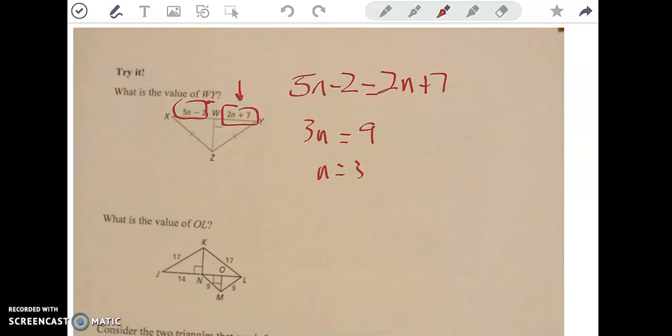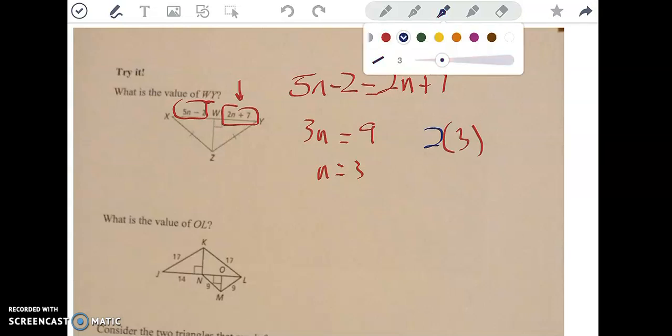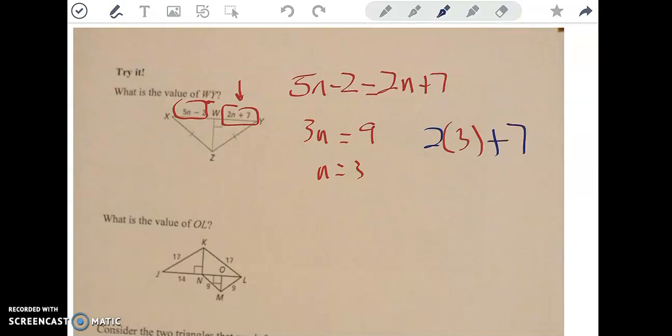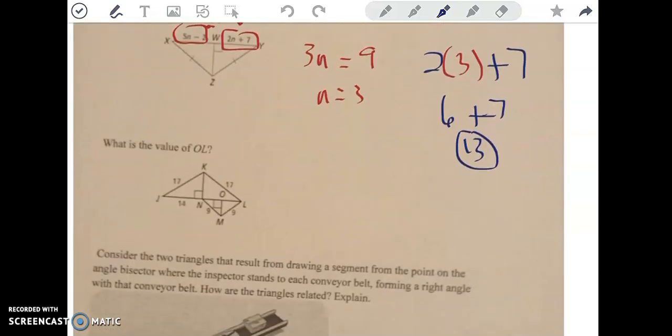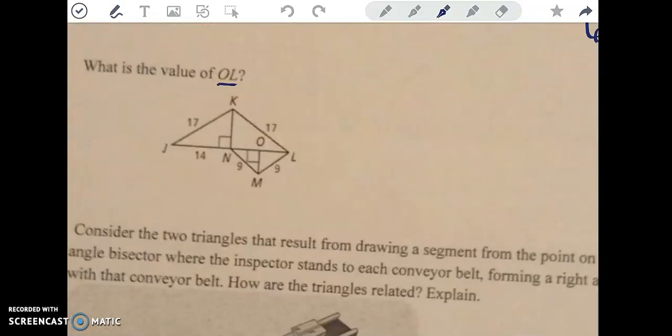So we'll recreate 2n plus 7, and insert 3. 2 times 3 is 6, plus 7 is 13. So our answer here is 13.